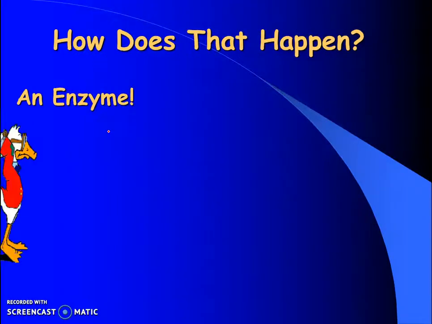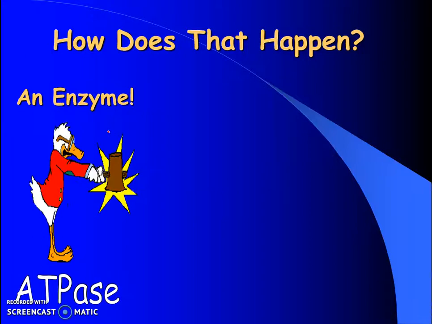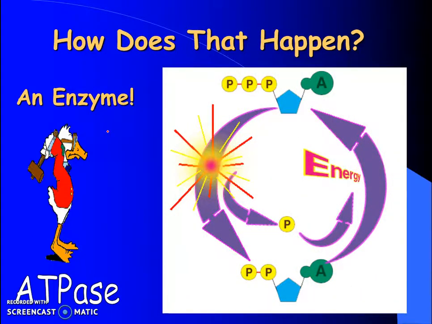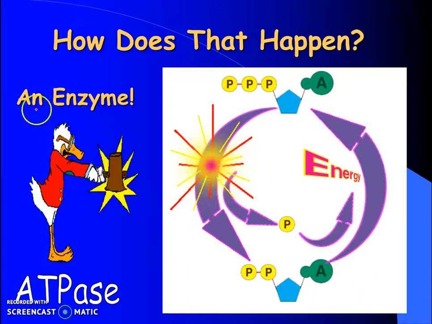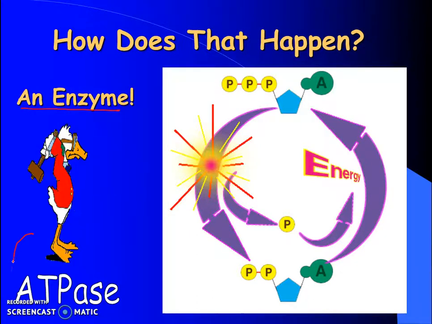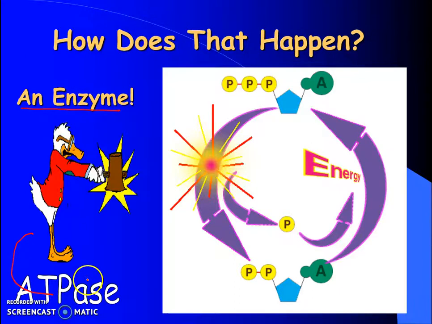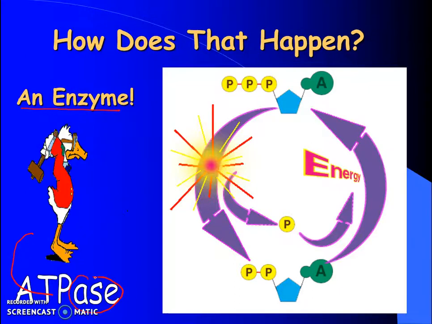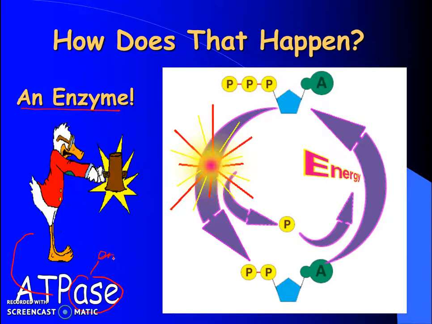Now how does that happen? How does ATP get converted into ADP? That is through an enzyme called ATPase. Remember this: if there is ASE, that means enzyme.